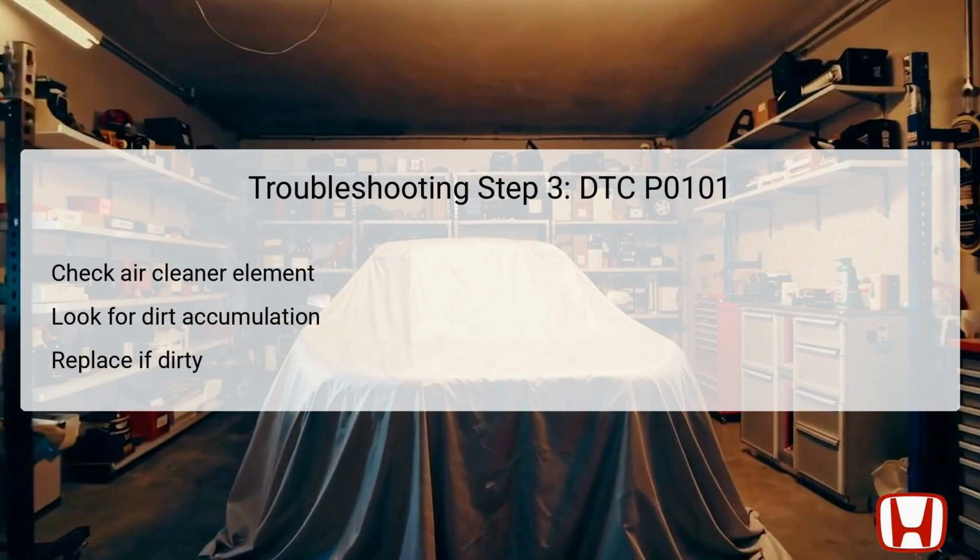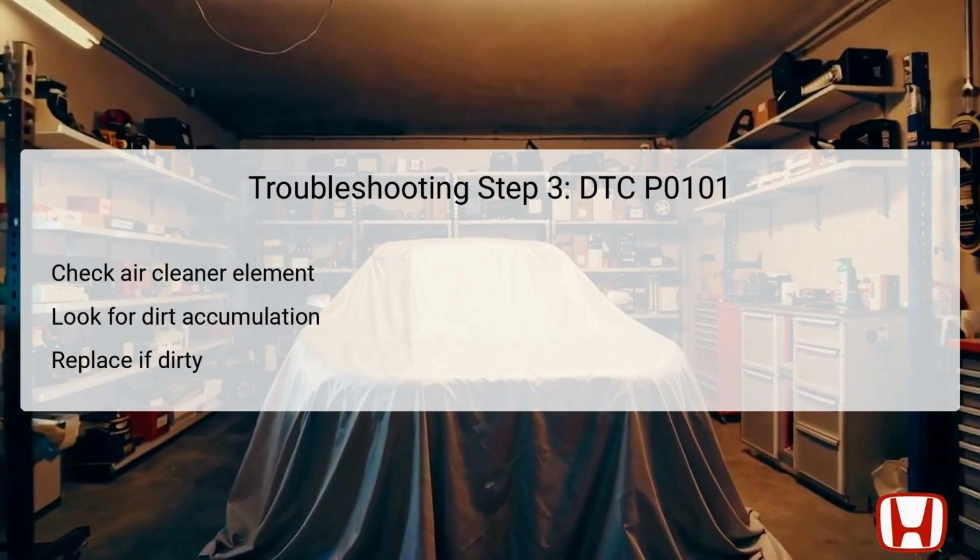In the third troubleshooting step, focus on inspecting the air cleaner element. Over time, the air cleaner can become clogged with dirt and debris, significantly impeding airflow into the engine. A dirty air cleaner can lead to inadequate air measurements by the MAF sensor, causing performance issues reflected in DTC P0101.